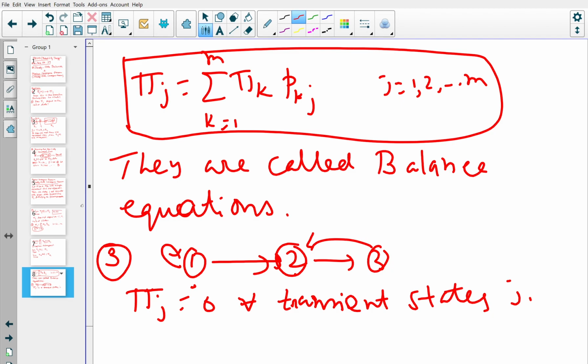So here I am assuming this is aperiodic, so I have to choose this. So this is the formula.